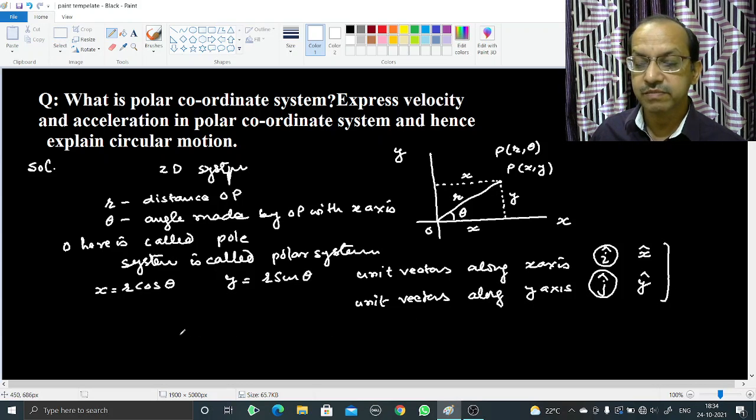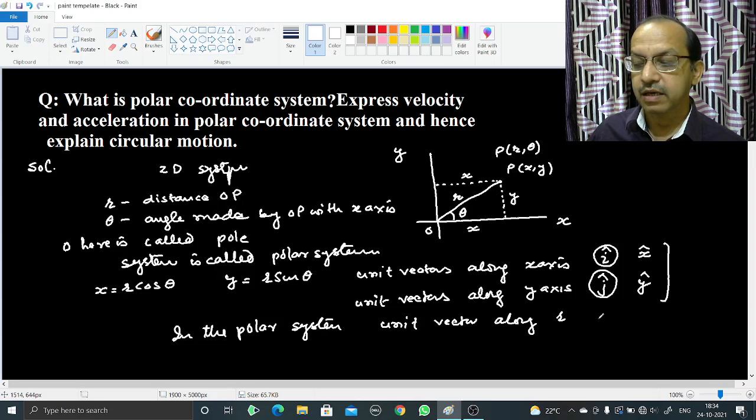In the polar system, the unit vector along R we will write as R cap, and the unit vector along theta we will represent as theta cap. The notation of the axis along with the cap are the unit vectors.